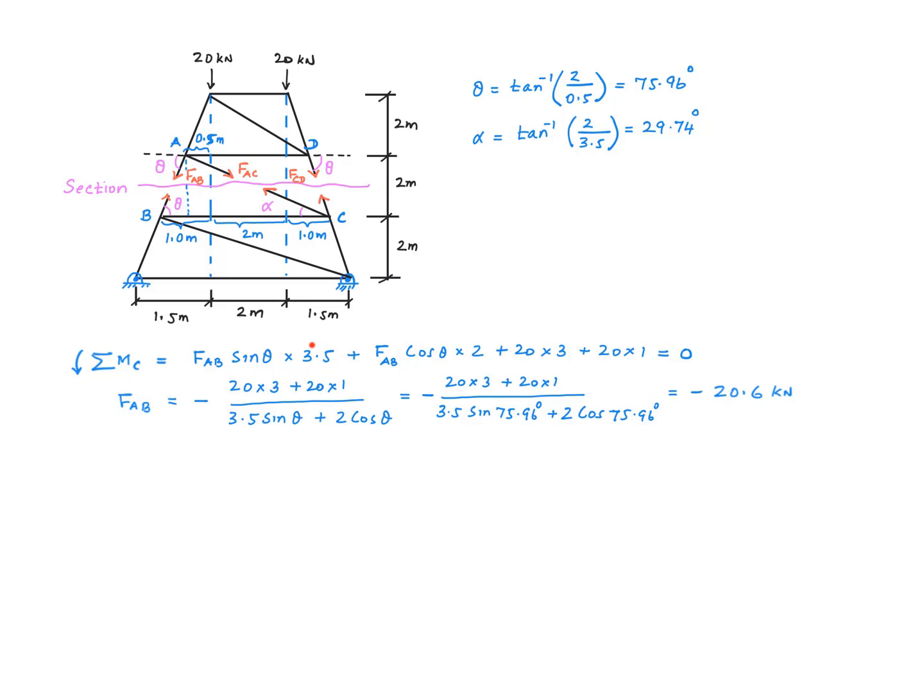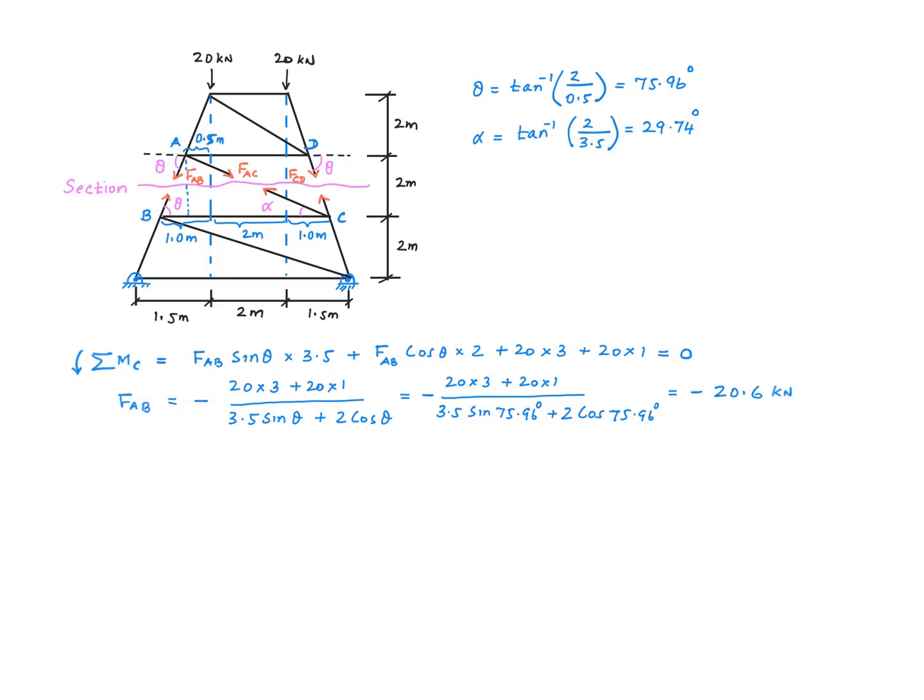And we have a counterclockwise moment, so that goes in as a positive term in this equation. The horizontal component of that force is FAB cosine theta, which is directed in the negative x direction. The perpendicular distance to the line of action of that force is 2 meters from point C, right? And that also gives me a counterclockwise moment.